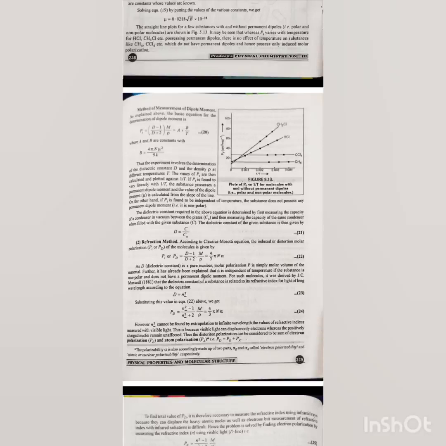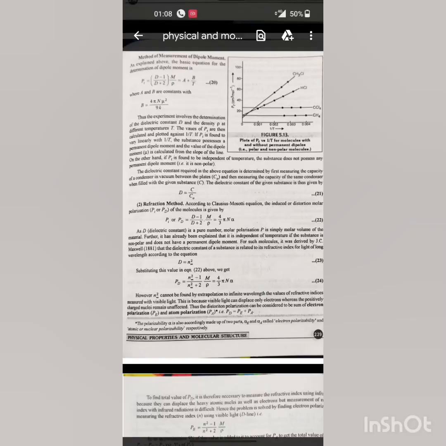Thus, the experiment involves the determination of the dielectric constant D and the density rho at different temperatures T. The values of Pt are then calculated and plotted against 1 by T.